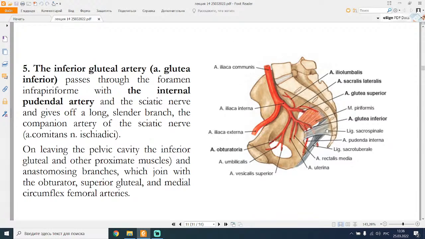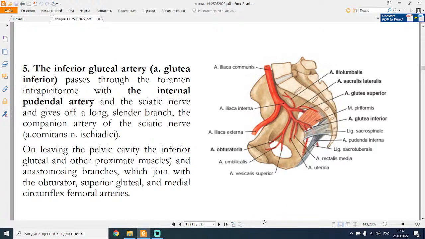It passes through the foramen infrapiriforme with the internal pudendal artery and the sciatic nerve, and gives off a long slender branch, the companion artery of the sciatic nerve.